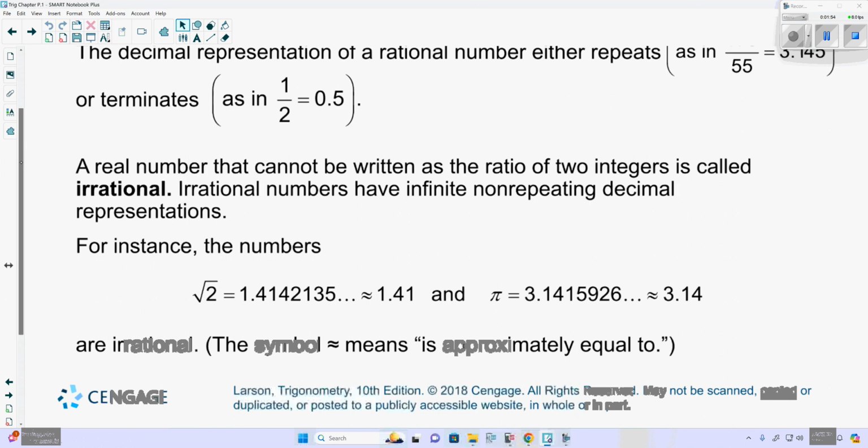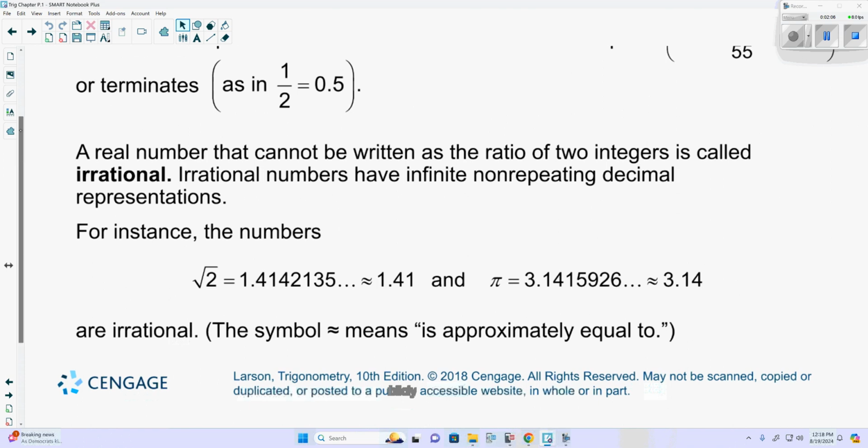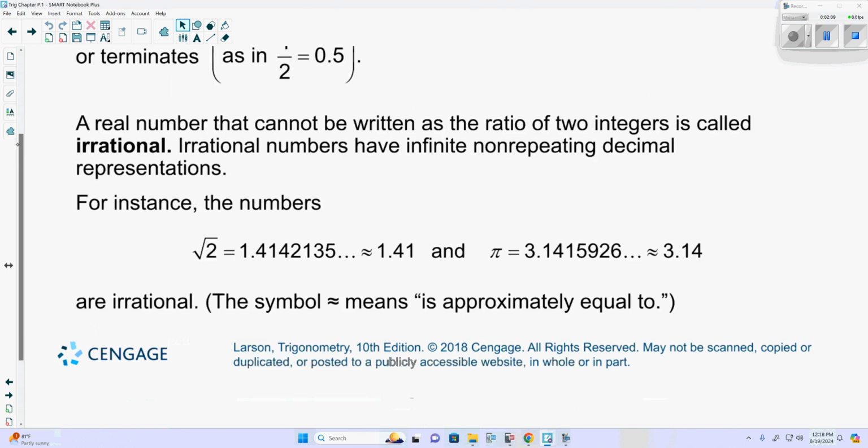Irrational numbers have infinite non-repeating decimal representations. For instance, the square root of 2 or pi are irrational, and we use the approximately equals sign instead of the equals.